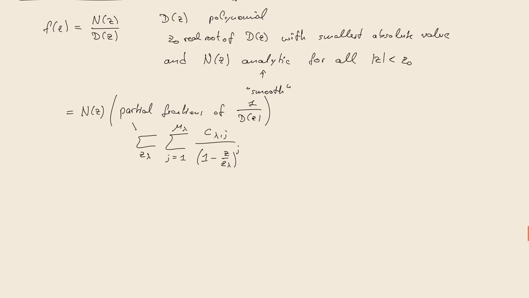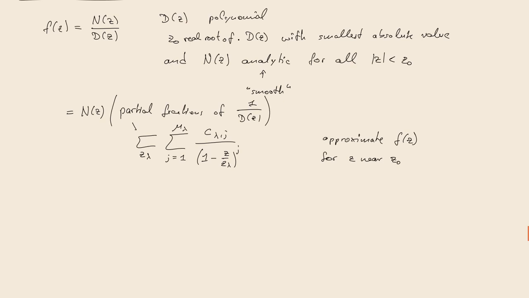And we've already seen last time that from all these terms, there's essentially only one that dominates the coefficients of f. So what we now do is approximate this function for values that are near this root.